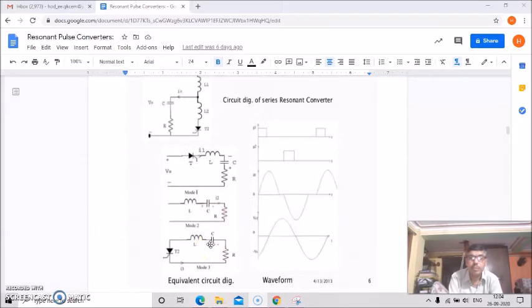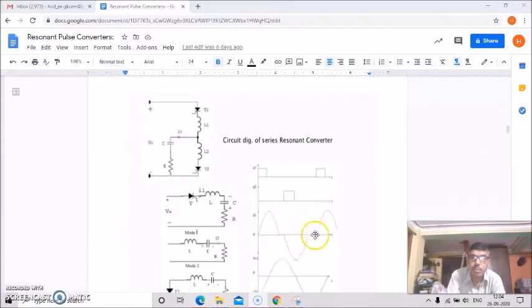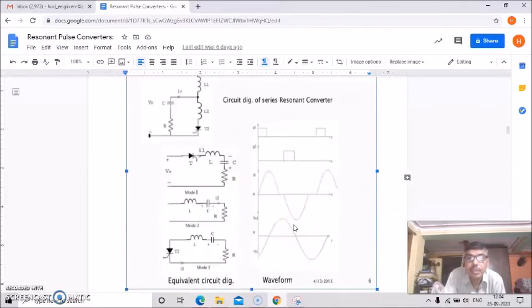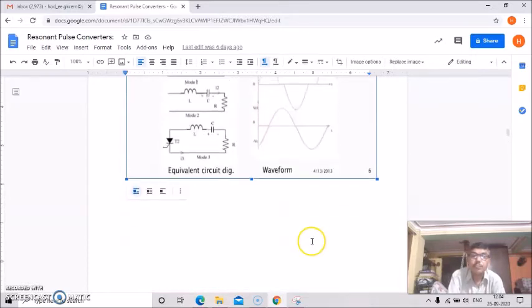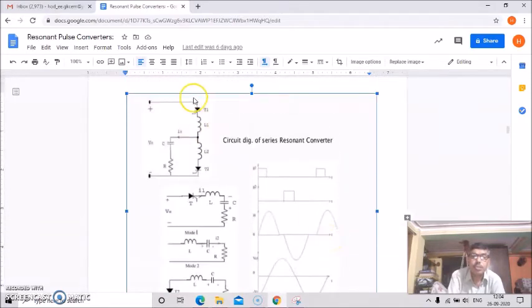So we're coming to the discussion part. This is the waveform. This is for gate 1, that is for thyristor 1. This is for gate 2, that is for thyristor 2, and these are the waveforms of current, voltage, etc. If you go to this, you will get the mode 1 operation.